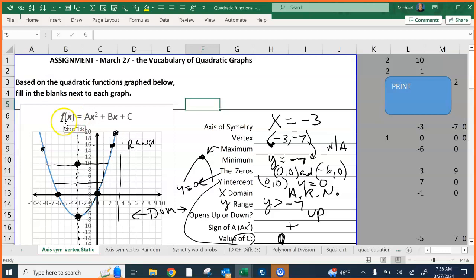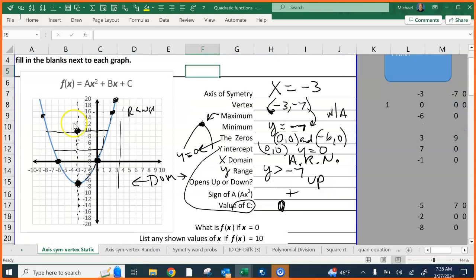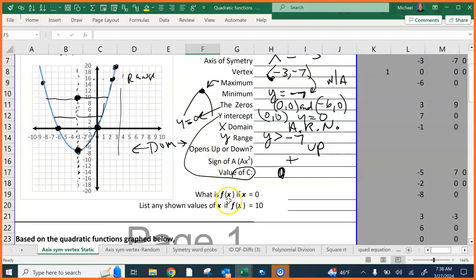If you ever see f of x, you might think, is that f times x? No, it's function notation, and that's like the y. So kind of a review of functions. Basically, it's another way of saying, what is the y if x is 0? Well, x is 0 right here, and it looks like y is also 0, so it'd just be 0.